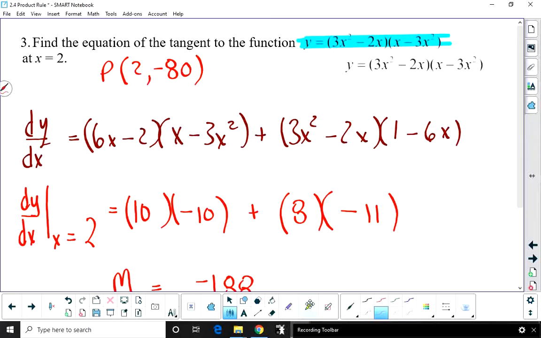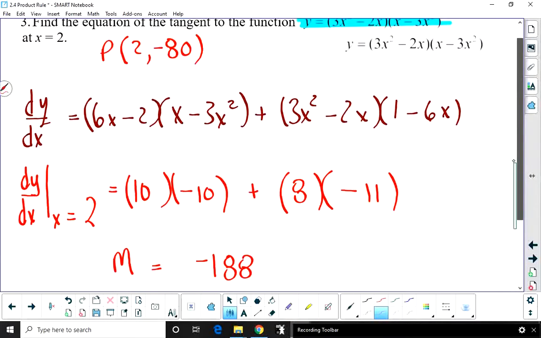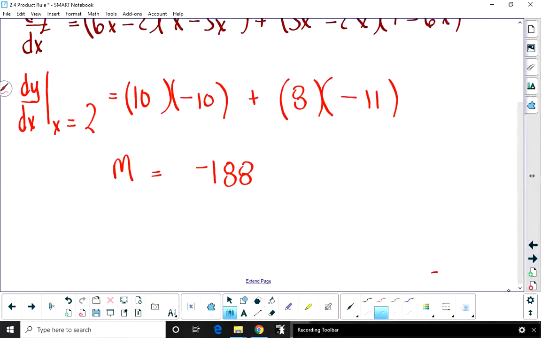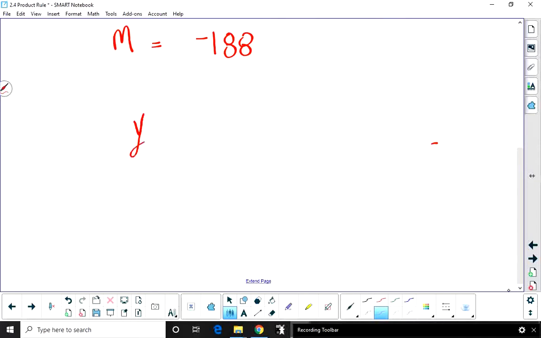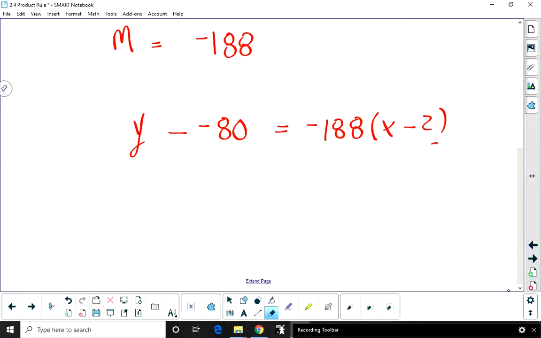And now this gets tedious after a while. You're going to put that point along with that slope into your point slope formula. And I have every confidence that you could multiply that out and write out the equation in standard form. I'm not going to worry about it. Okay?